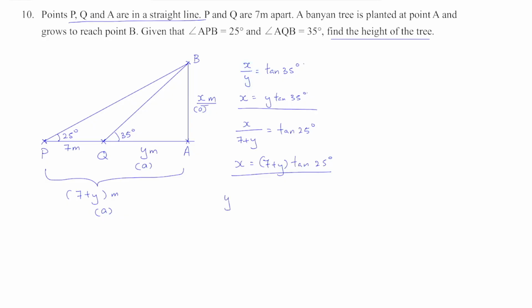So y tangent 35 degrees equals (7 plus y) tangent 25 degrees. Now, you can use the calculator and find out what is tangent 35, but in this case, I want to make y the subject. Otherwise it will be very confusing.